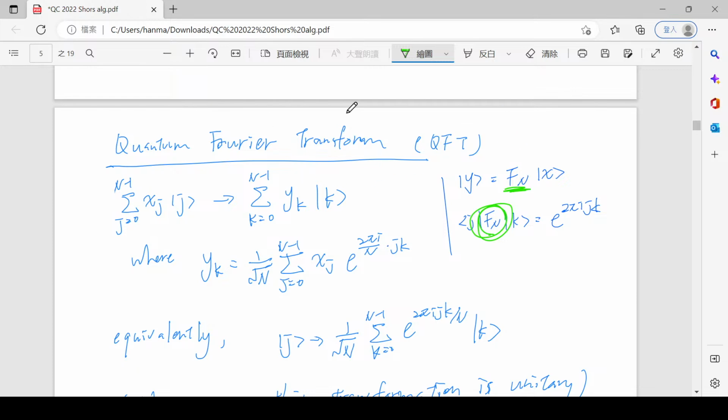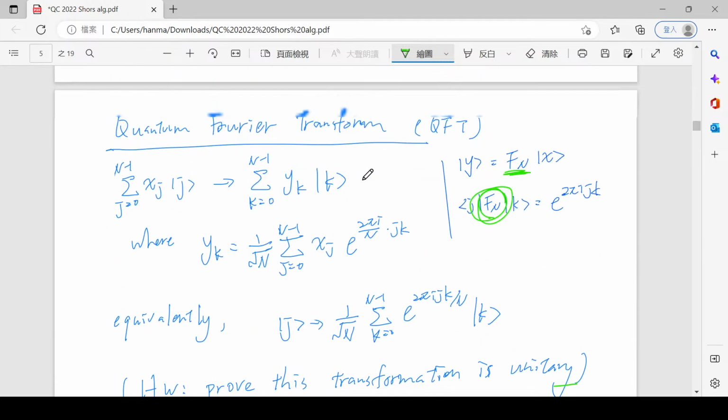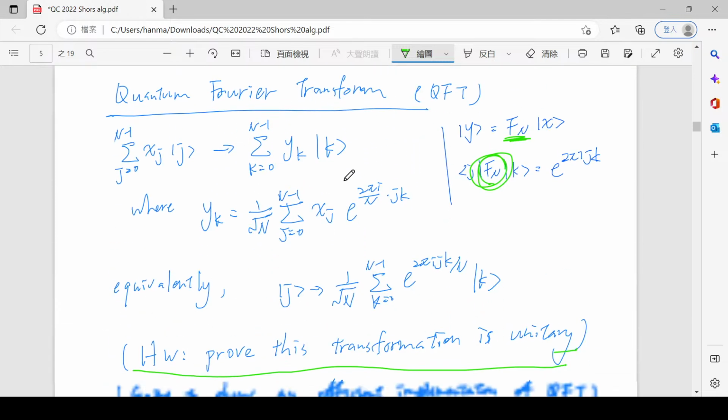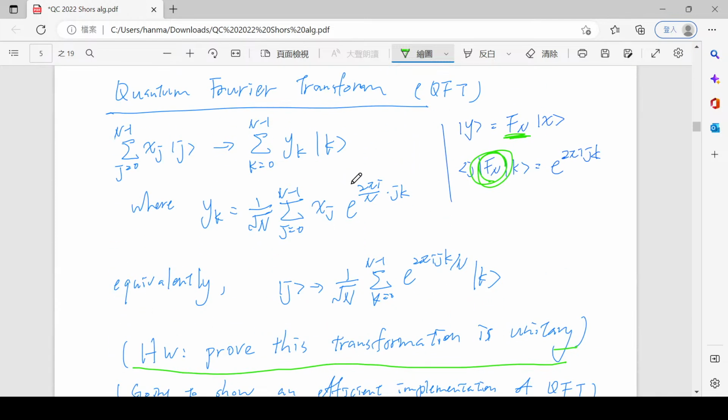The speedup we get in the factoring algorithm is because quantum Fourier transform is faster than classical Fourier transform. Well, although there are some caveats. Okay, so that's the idea of why one wants to do quantum Fourier transform. But let's go back to mathematics.